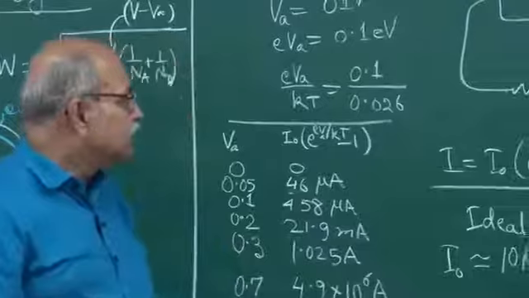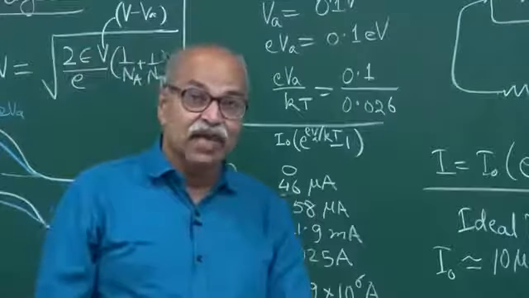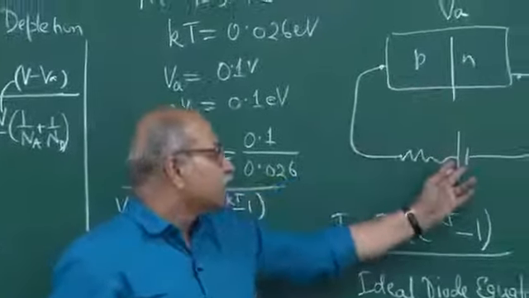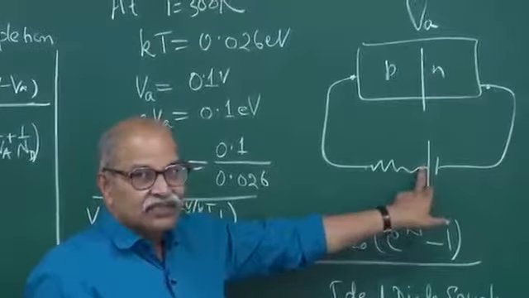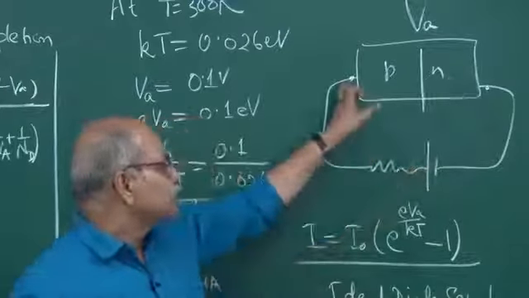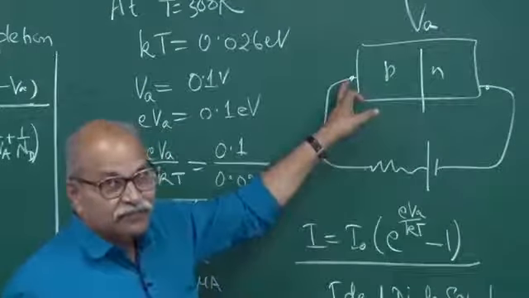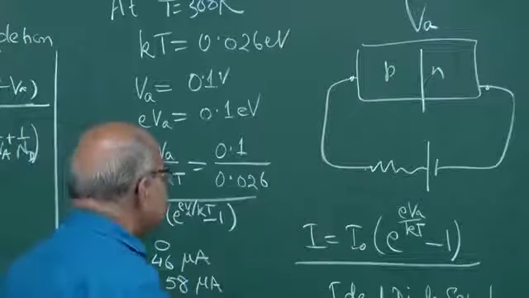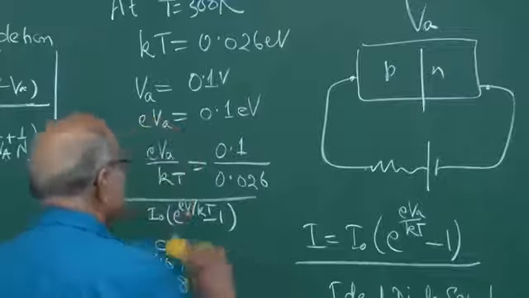Now, the next thing is reverse bias. What happens if I connect this circuit, but the polarity is opposite? So, that higher potential is put here and lower potential is put here, then what happens? You can very easily guess what will happen. So let me first remove some of this.